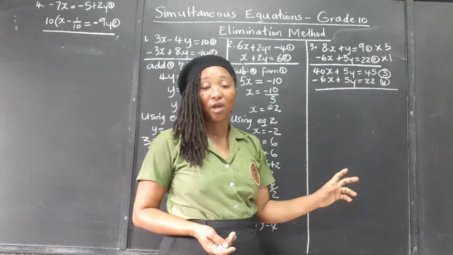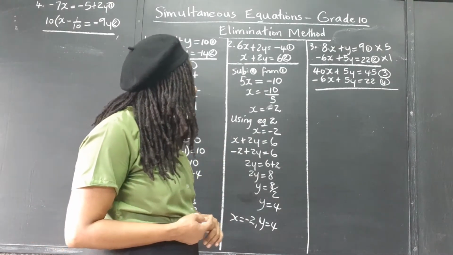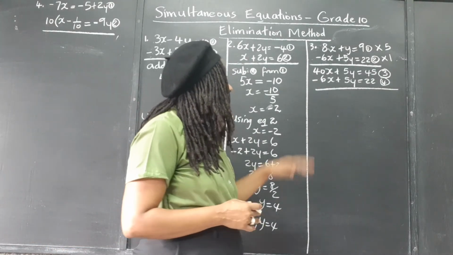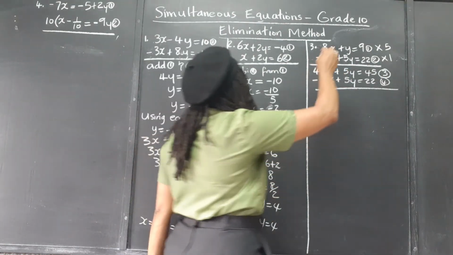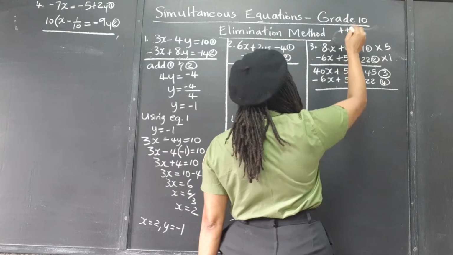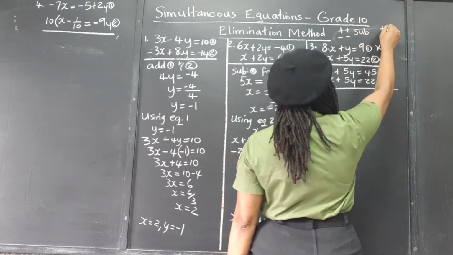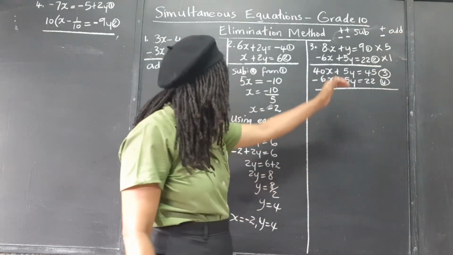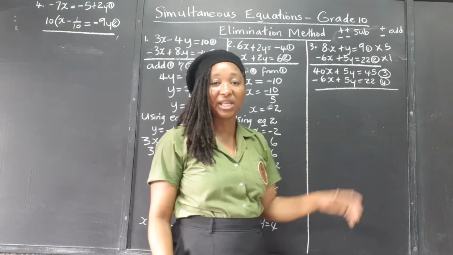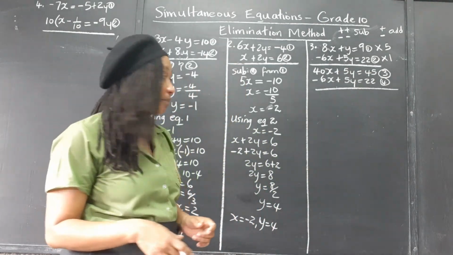One pair of the variables has the same coefficient. Since they are both positive, remember, if both signs are the same, we subtract, and if the signs are different, we add. So the 2 signs are the same, they are both positive. We need to subtract them to get 0, to eliminate the variable, right?